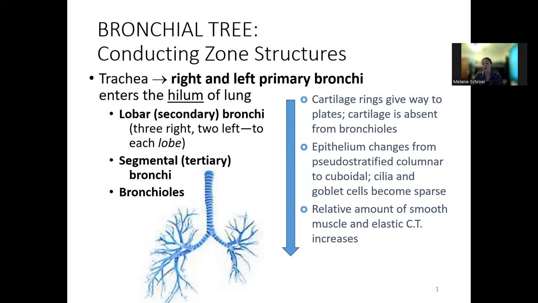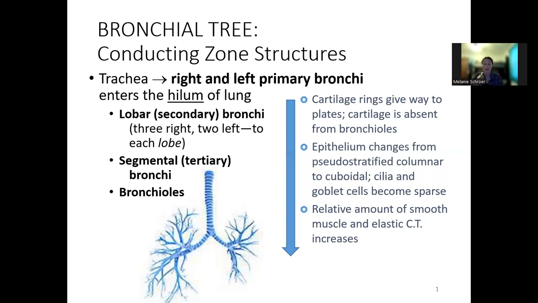Also, towards the end, we get more and more smooth muscle. Again, the smooth muscle isn't to expand the alveoli or the bronchioles. Instead, the smooth muscle acts like those precapillary sphincters we've talked about before. It can close up the airways, or it can relax and open up those airways.